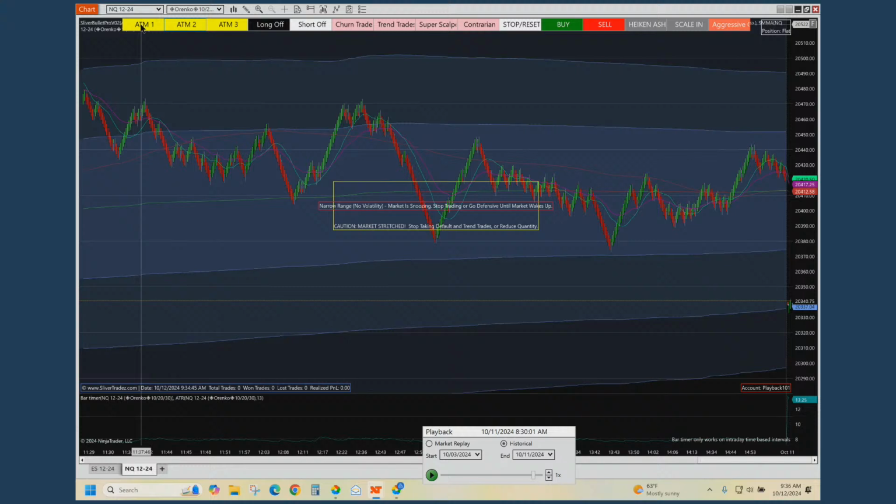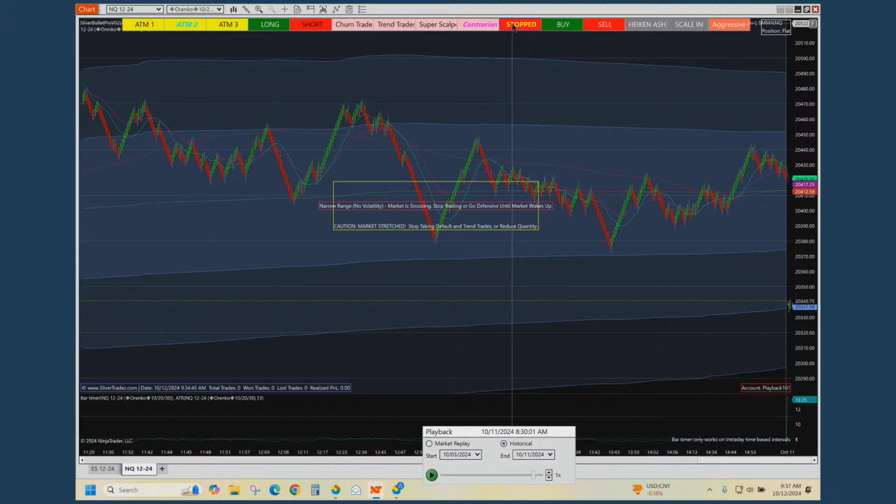These are the buttons. This is the user interface of the software, these colorful buttons. And we can choose whichever ATM we want, and we can decide which direction we want to trade, whether to trade long or short automatically. And these are different strategy buttons, which we teach in our academy as to which strategy to use in what market.